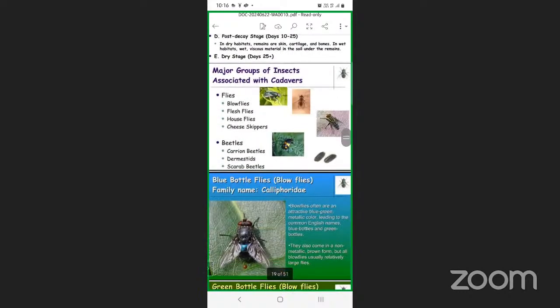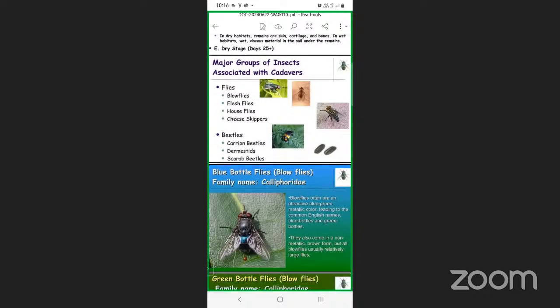The major groups of insects associated with cadavers are blowflies, flesh flies, houseflies, cheese skippers, and beetles like carrion beetles, scarab beetles. All these we find.